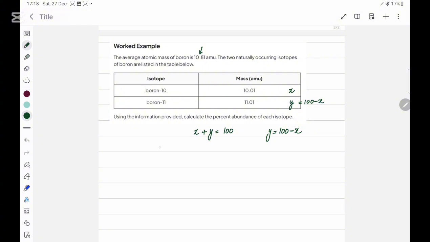To apply the formula, the average atomic mass is 10.81, which is equal to boron 10, that is 10.01, multiplied by x, its abundance, plus 11.01, that is boron 11, multiplied by 100 minus x, and divided by 100.